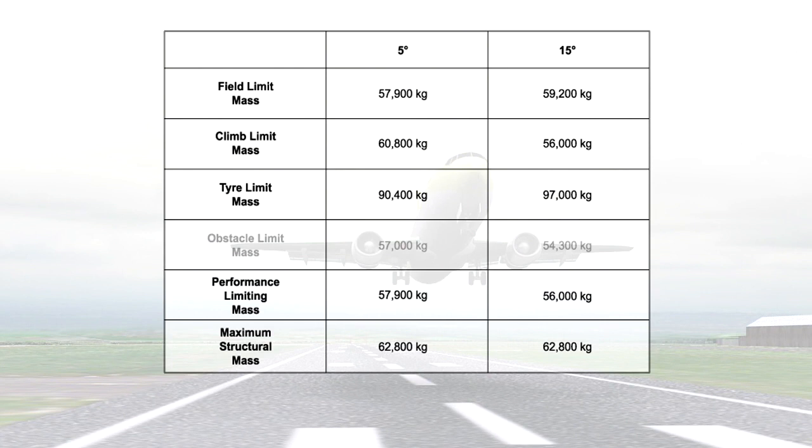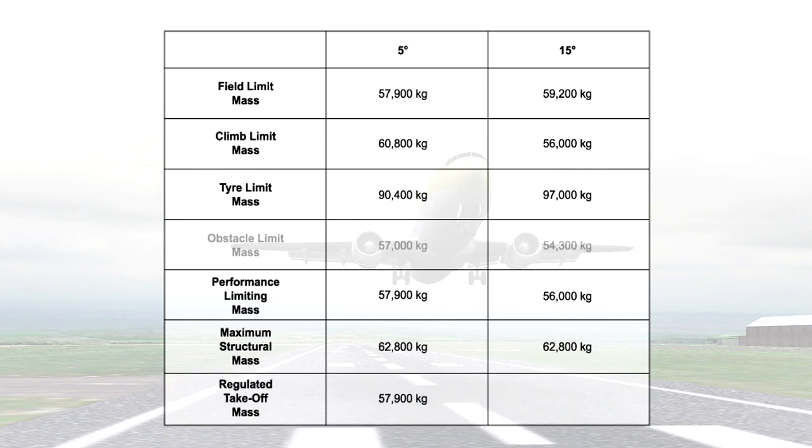Therefore, the lower of the performance limiting mass or structural limiting mass is chosen as the takeoff mass. This mass is called the regulated takeoff mass, and this is the mass that is selected for takeoff. In our example, the aeroplane is performance limited, not structural limited in the takeoff.